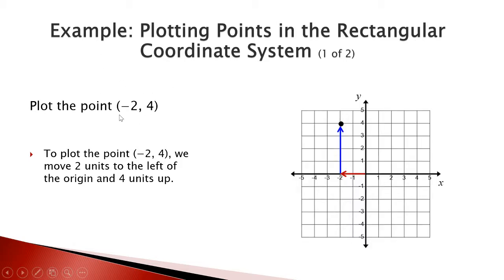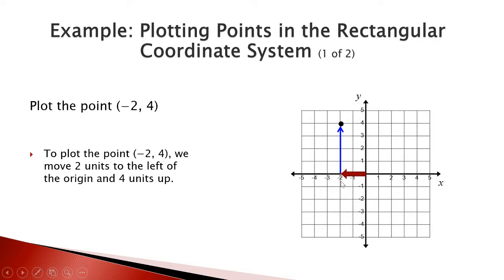So we have the point (-2, 4). The x-coordinate is -2 and the y-coordinate is +4. So we have to move 2 points to the left-hand side of the origin, and this is the -2 point.